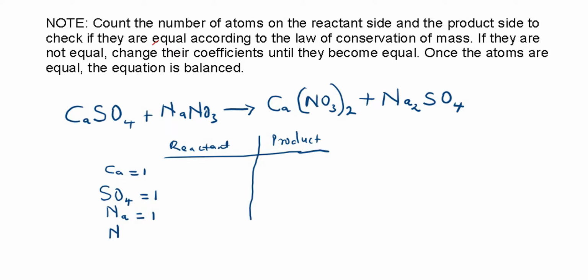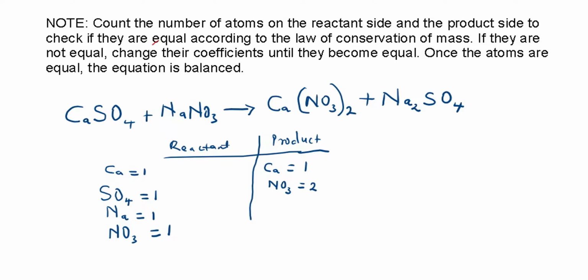NO3 is also equal to 1. Now let's go to the product side. Ca is equal to 1. NO3 is equal to 2.